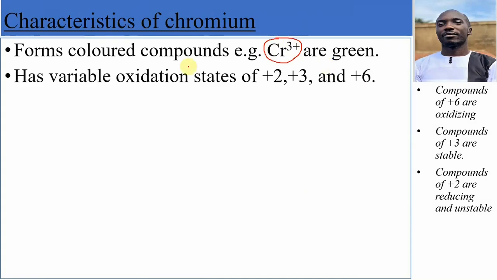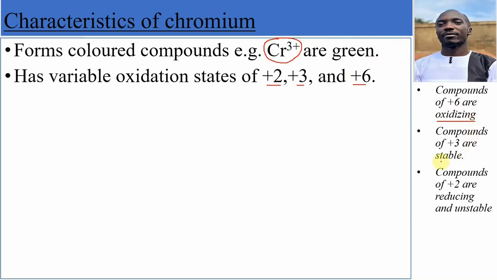Secondly, chromium has variable oxidation states, as we said, +2, +3, and +6. Then to add on this, we shall find that compounds which are formed in +6 oxidation state are oxidizing. Remember, the higher the oxidation state, the higher the oxidizing power.